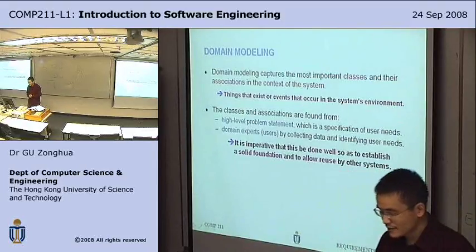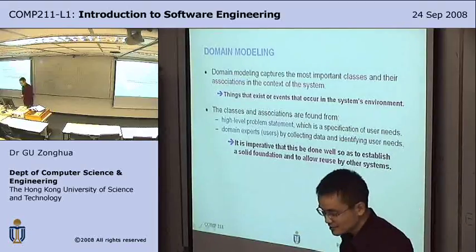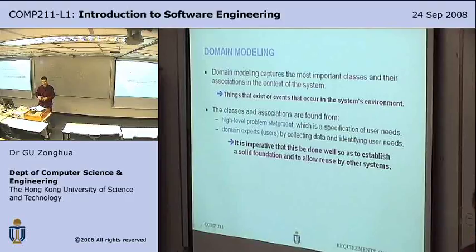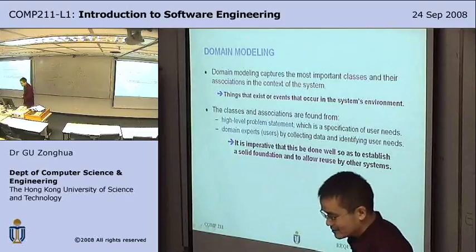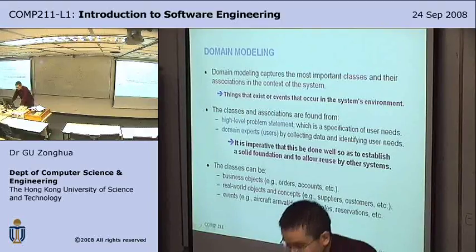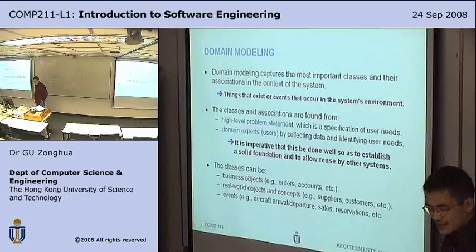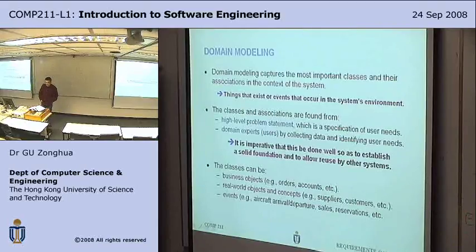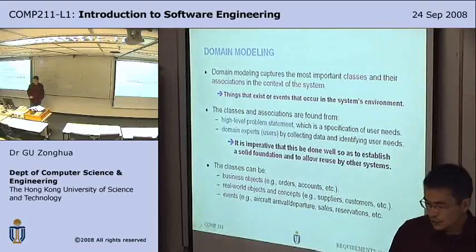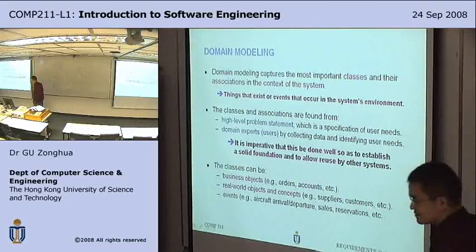Allow reuse, that is, if you design the domain model well, then you can reuse it for a later system. For example, for the billing system, you can also use the same domain model that you designed for the course registration system. The classes can be business objects that represent things that can be manipulated in the business, say accounts, orders, etc., or real-world objects and concepts that the system needs to keep track of.